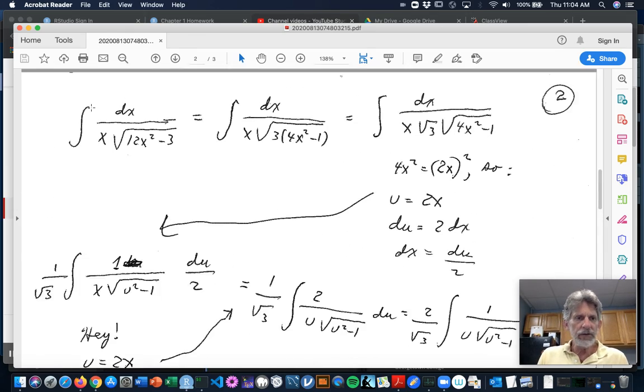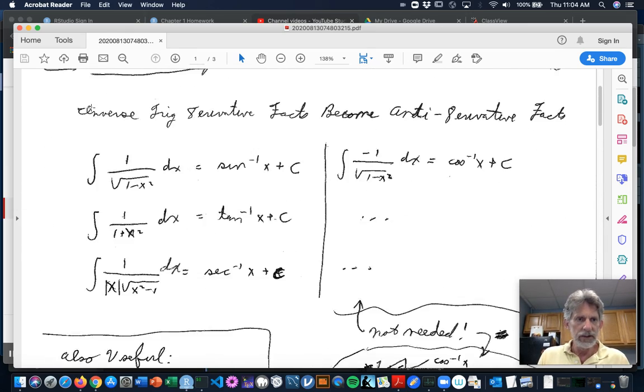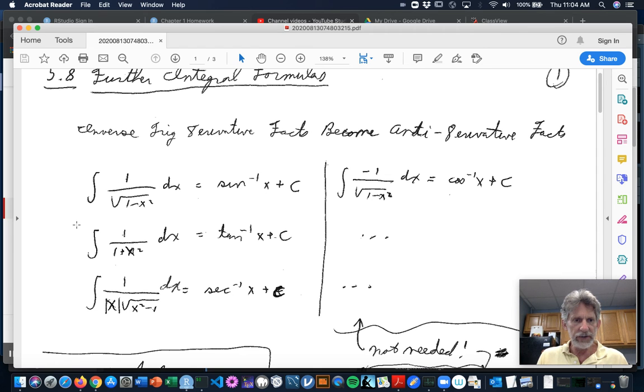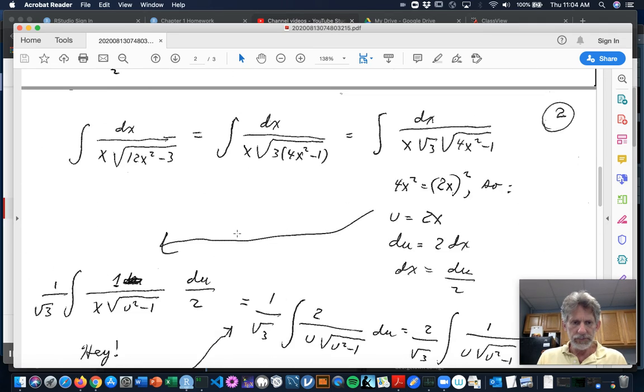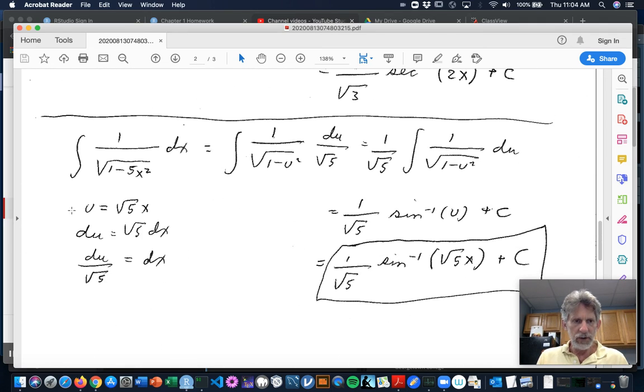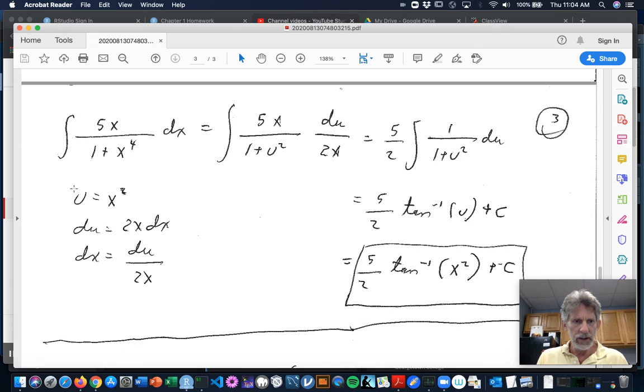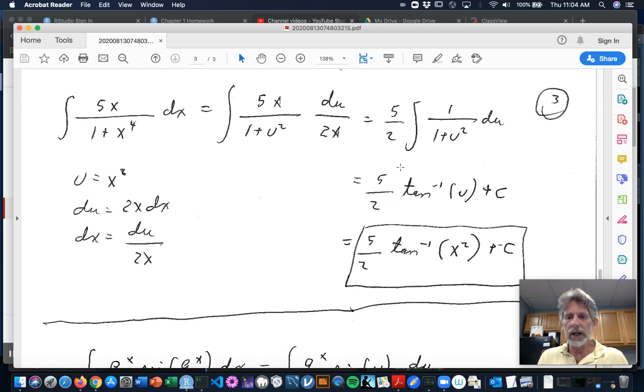And that reminds me of the tangent fact here. So could we recreate this? So let's let u be x squared, du is 2x dx, dx is du over 2x, do the substitution. The x's cancel. Yay. The 5/2 constant can come outside. And now I can apply my antiderivative fact and put back in the x's.